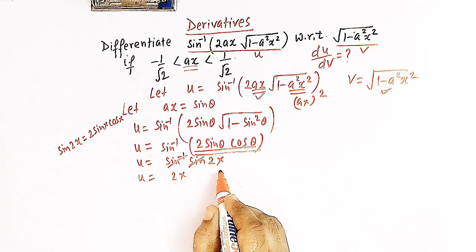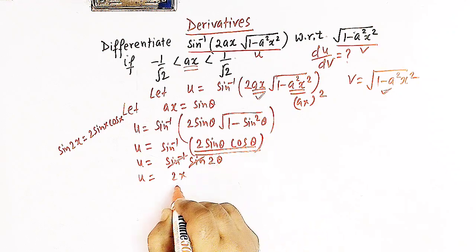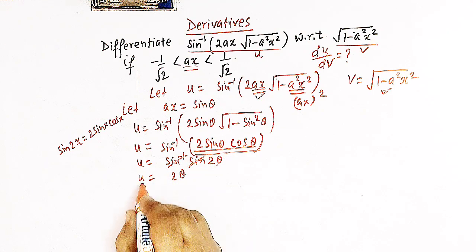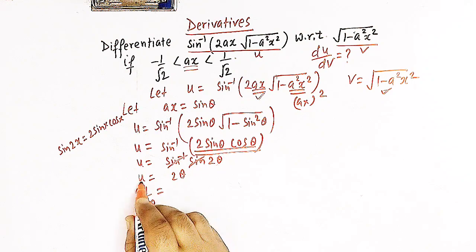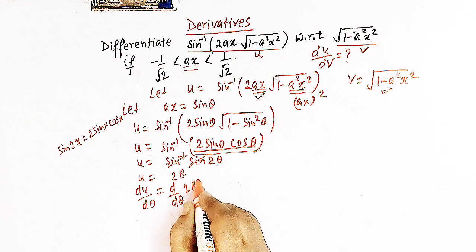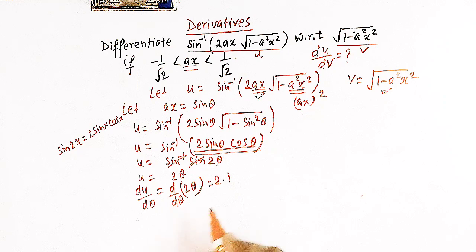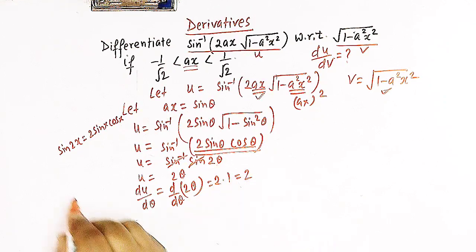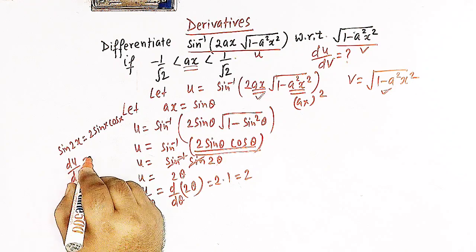So u is equal to 2 theta. Let us differentiate u with respect to theta. We have du over d theta equal to d by d theta of 2 theta, which is 2 times 1, because the derivative of theta with respect to theta is 1. So du over d theta is equal to 2.